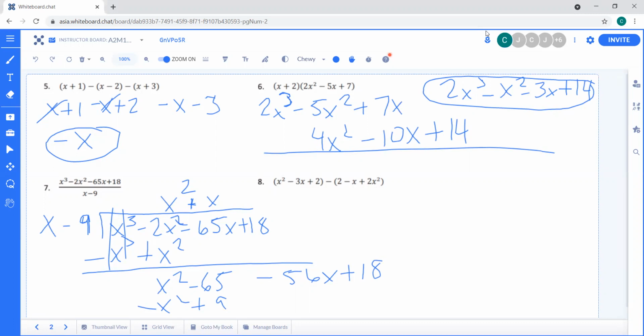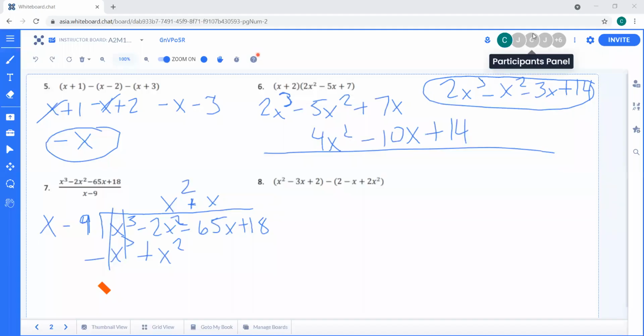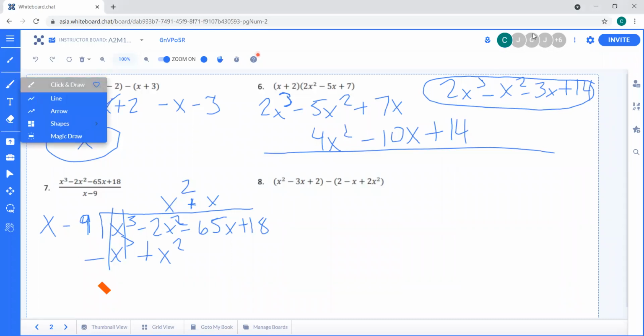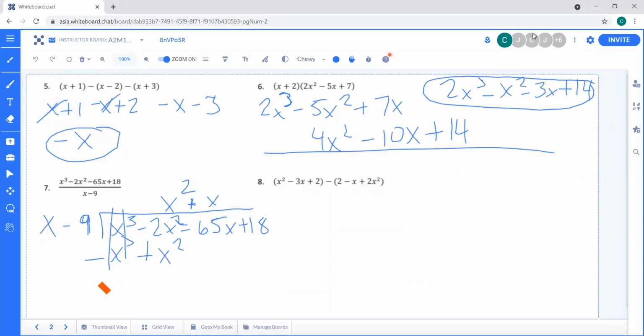Let me erase this. All right, guys, I'm going to find where I'm messing up here. Start back over. Actually, this should be negative 3x squared, so negative 3x squared minus 65.